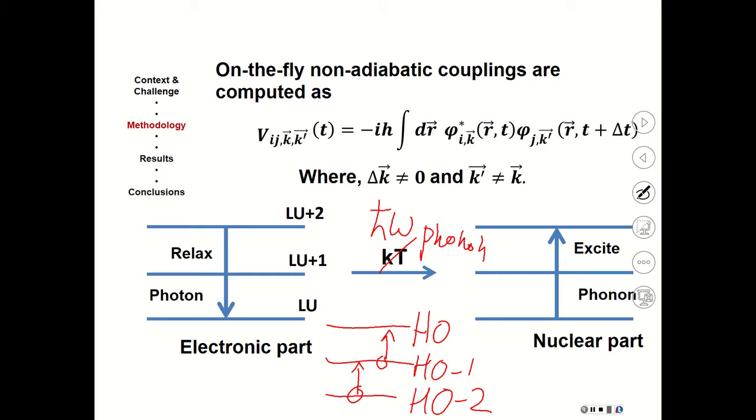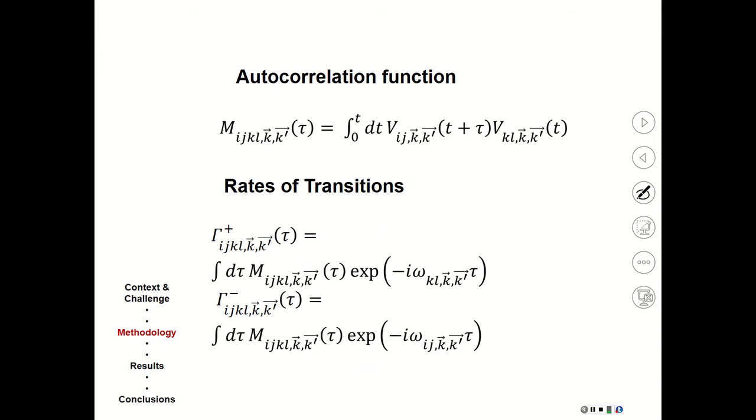When averaging over all processes of such nature, one obtains relaxation. Using those non-adiabatic couplings, we can calculate the autocorrelation function, and using that autocorrelation function, we can calculate rates of transitions.